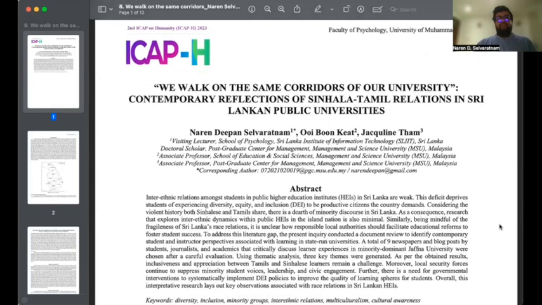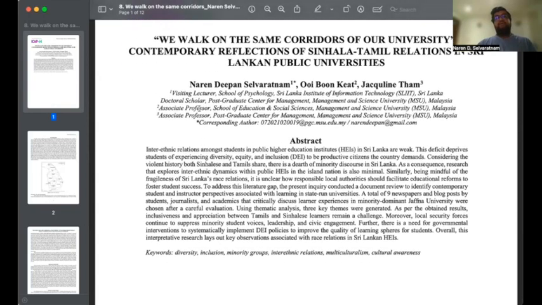This is once again a qualitative research, and here we have given a title as well. "We walk on the same corridors of our university." This is one of the statements, one of the verbatim from a participant. So: contemporary reflections of Sinhala-Tamil relations in Sri Lankan public universities.